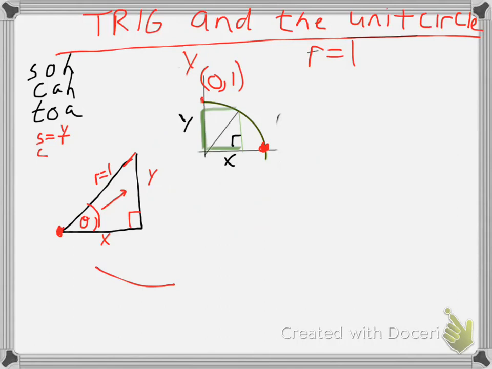Cosine is equal to the adjacent. Well, the adjacent would be the x component, just adjacent to this theta. And tangent is opposite over adjacent. Well, remember the opposite was y over x.